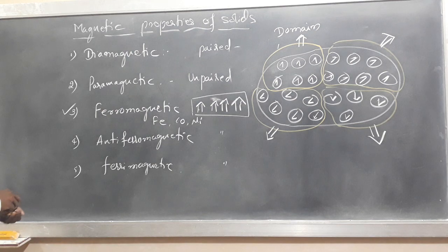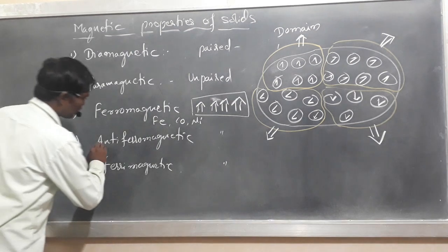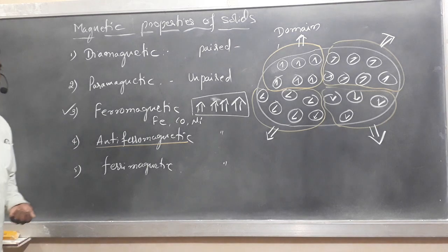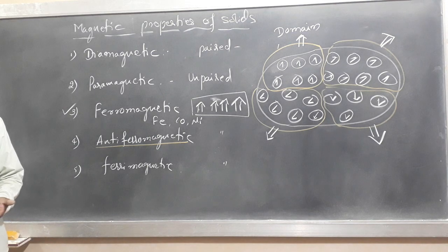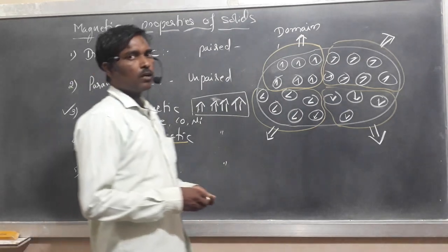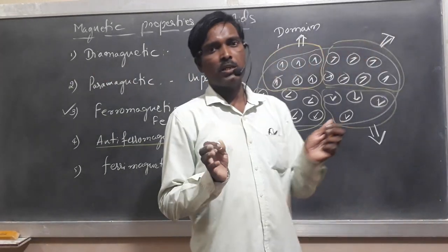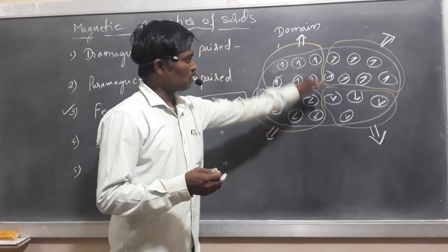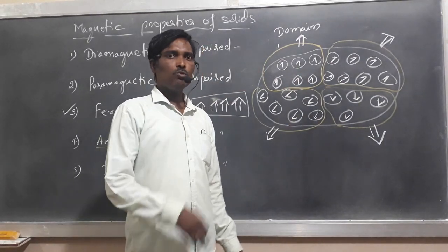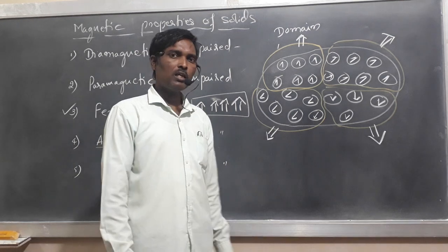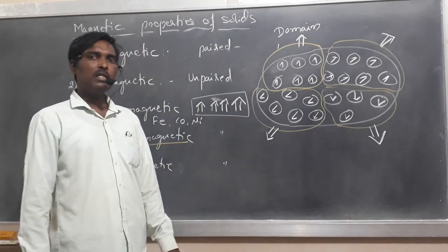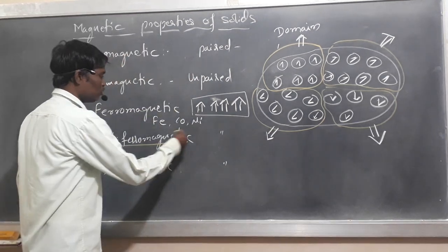And the second one is the antiferromagnetic substance. In an antiferromagnetic substance, an equal number of domains are oriented in the opposite direction. For example, it contains 4 domains, where 2 domains are oriented in one direction and another 2 domains are oriented in the opposite direction.